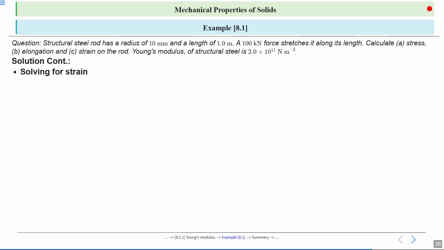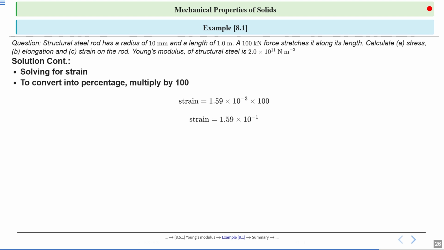Solving for strain. To convert into percentage, multiply by 100. So strain equals 1.59 into 10 raised to the power minus 3 into 100. So solving this, you will get the value of strain. So strain is 0.16%.